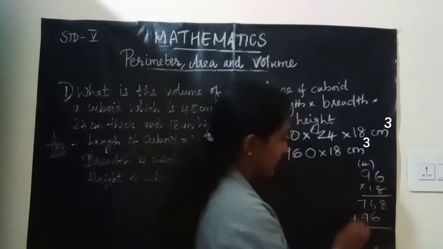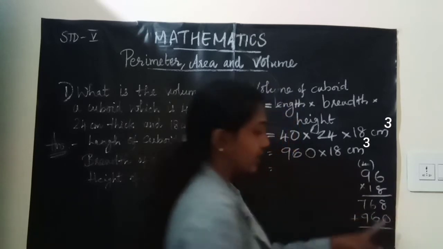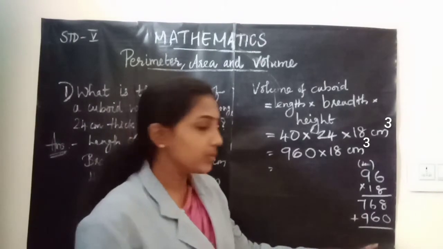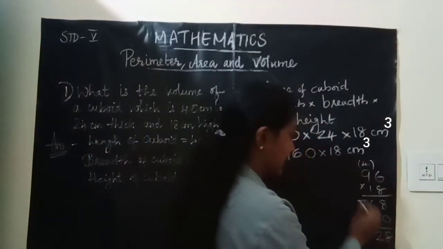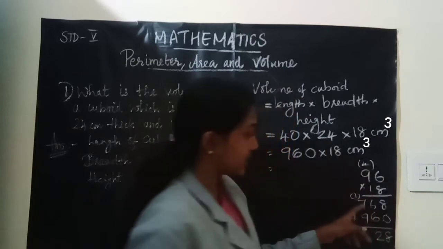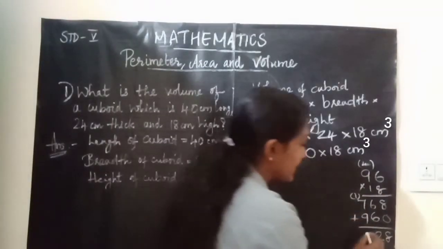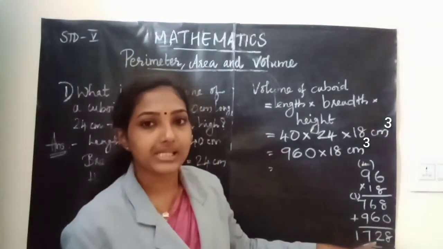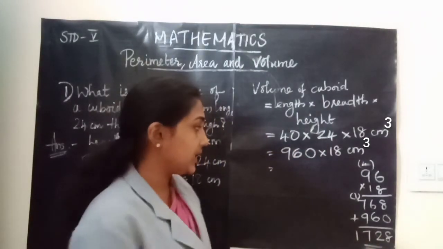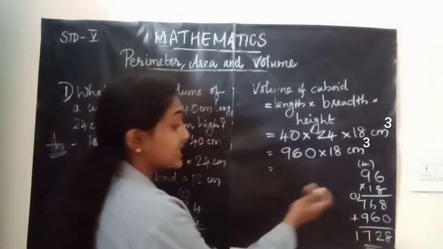Okay. And doing the addition, 0 here. 8 plus 0, it's 8 itself. 6 plus 6, it's 12. 1 is carried. 1 plus 7 gets 8. 8 plus 9, it's 17. Okay. So it is 1728.